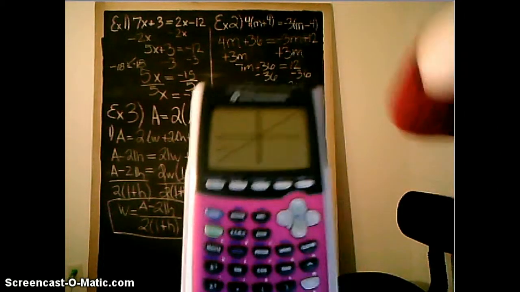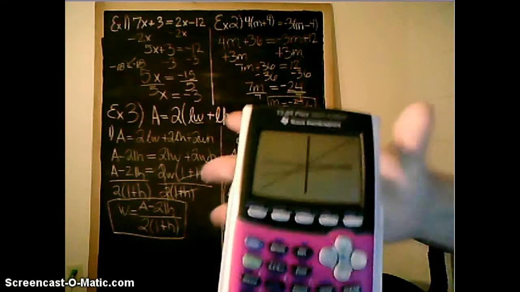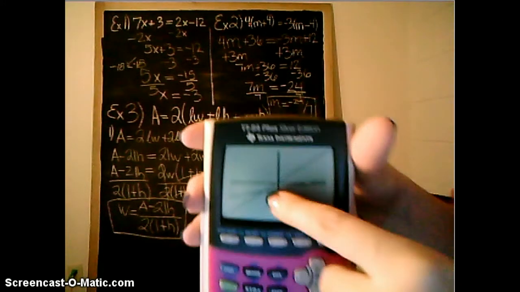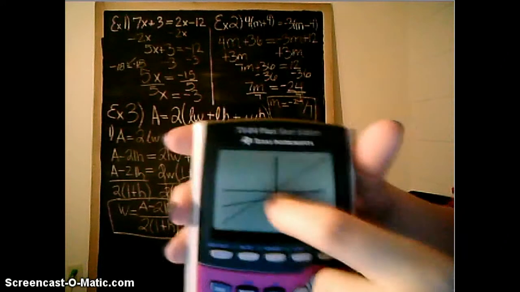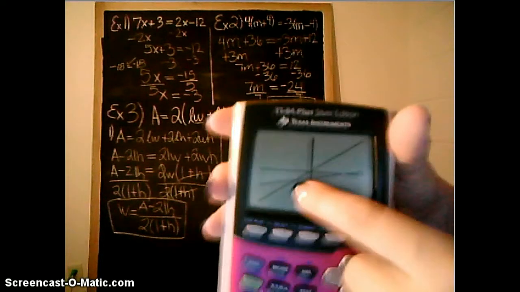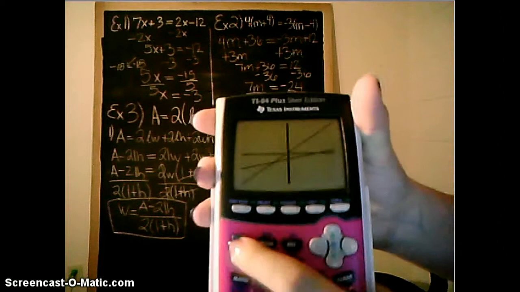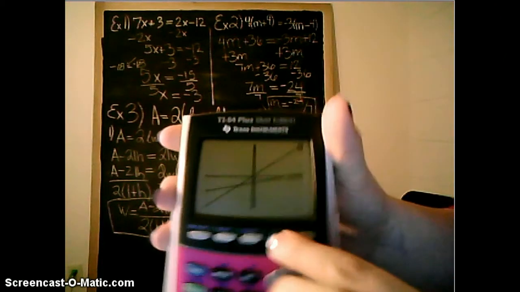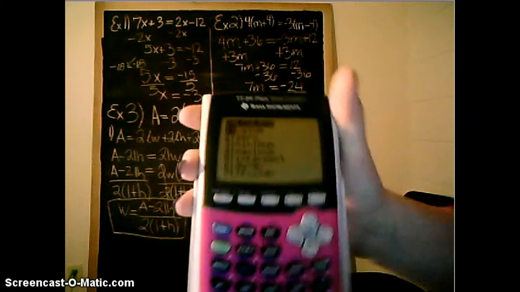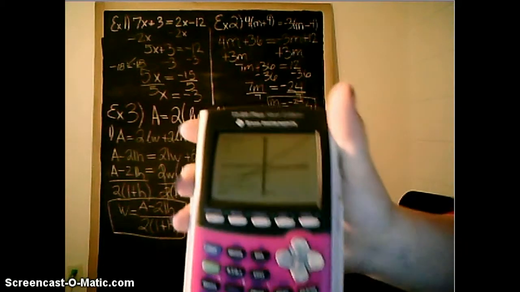So now it's graphing the two lines and there's the intersection. So the intersection is going to be an x and y value, but the x value is what we're looking for. So to find that, you're going to go to second, calc, and then you're going to go to intersect, which is number 5.